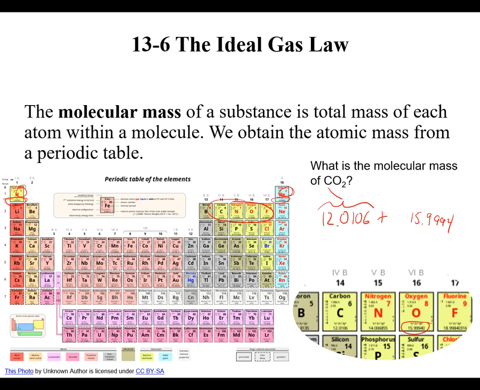But we have 2 oxygen atoms, and so we have to take that number and multiply it by 2, since there are 2, we have to add both of their masses.